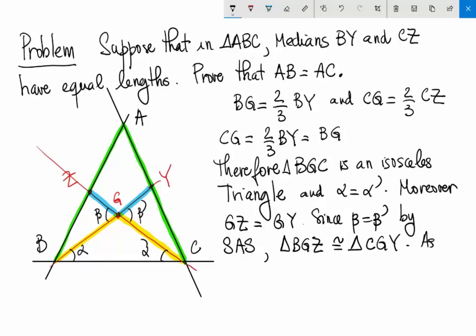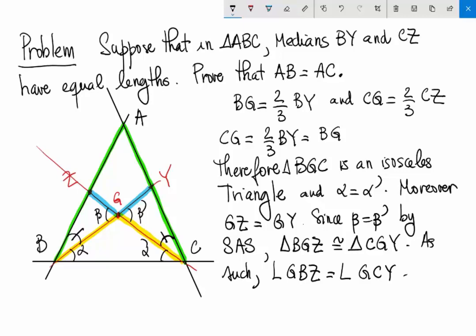As such, angle GBZ must be equal to angle GCY. So the angle GBZ is this angle here, must be equal to this angle there.